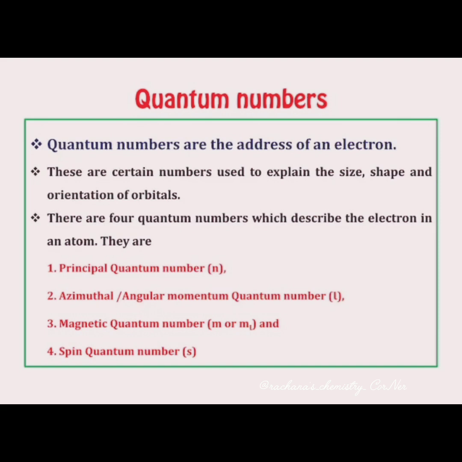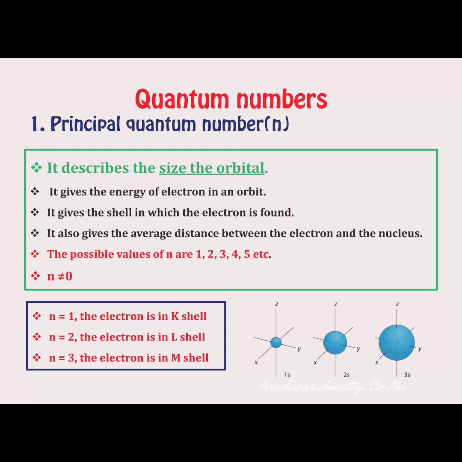And finally, the last one is the spin quantum number, represented by the symbol S. This spin quantum number is only used to find the spin behavior of an electron. So let us study one by one.